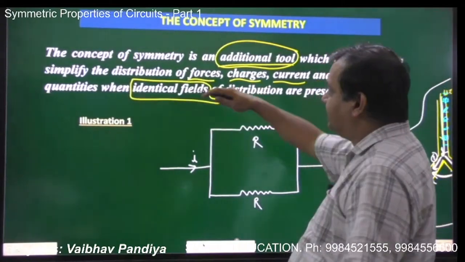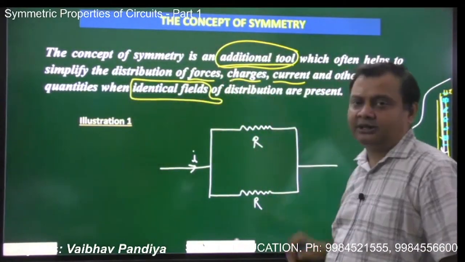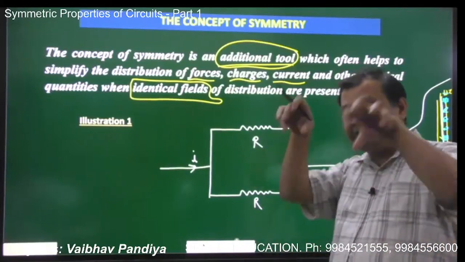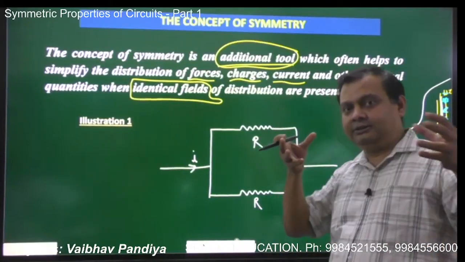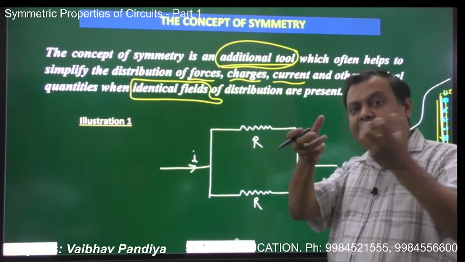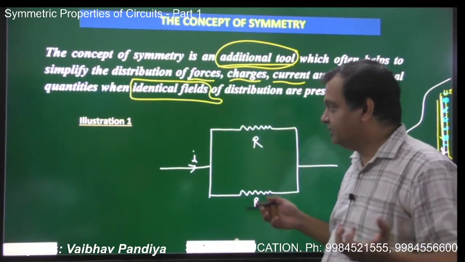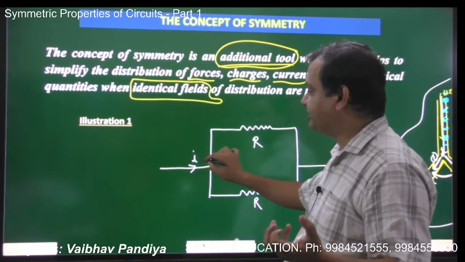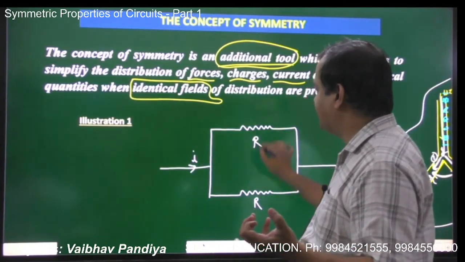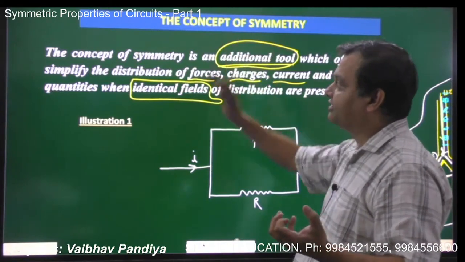So when we have multiple branches, multiple paths, and all the multiple paths are offering the identical tendency to attract the incoming physical quantity, like in this case the incoming physical quantity is the current, and these two are identical paths, then the quantity gets distributed based on the concept of symmetry.